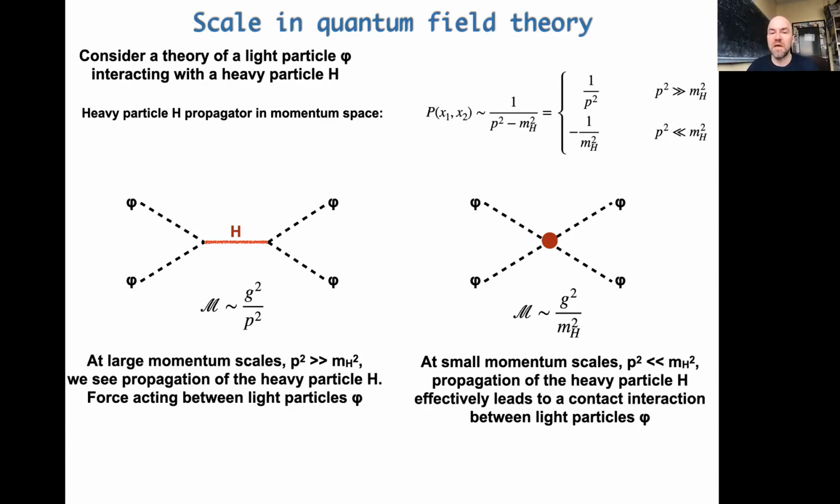So this is how we can see this analogy between a far observer and a near observer in quantum field theory. And this is all about energy scales, the momentum scales that are involved in the process.